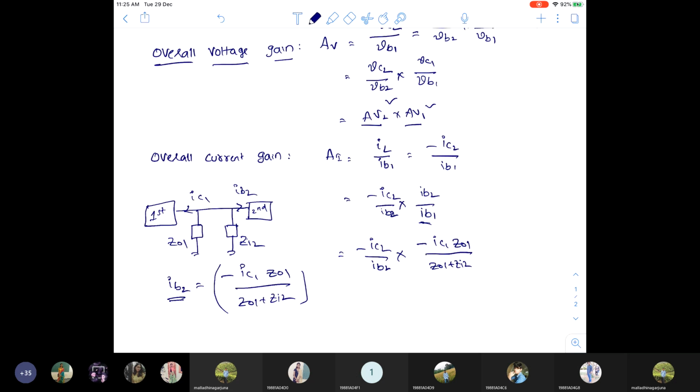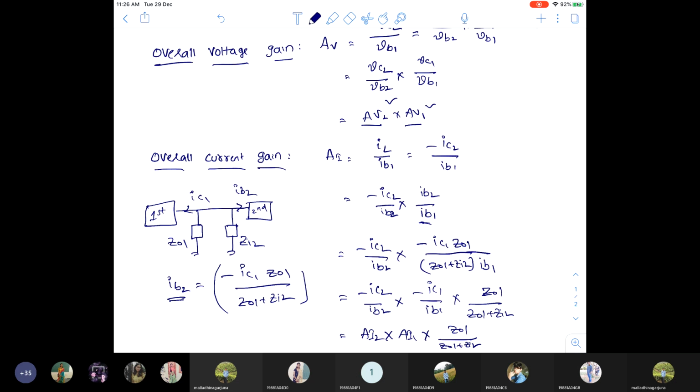In the denominator IB1 is there, so that is minus IC2 by IB2 into minus IC1 by IB1 into Z01 by Z01 plus Zi2. That is equal to AI2, second stage, into AI1, first stage, into Z01 by Z01 plus Zi2. This is the overall current gain.